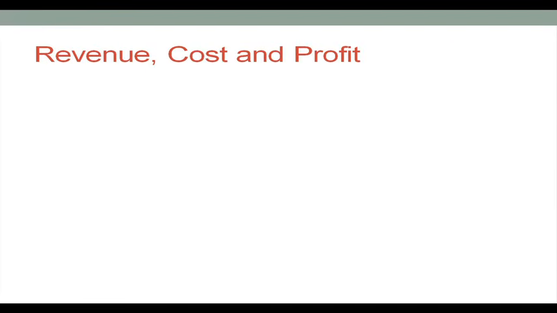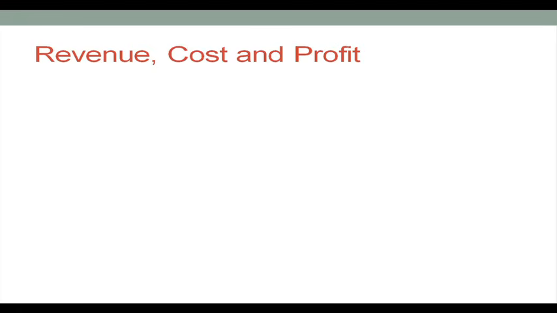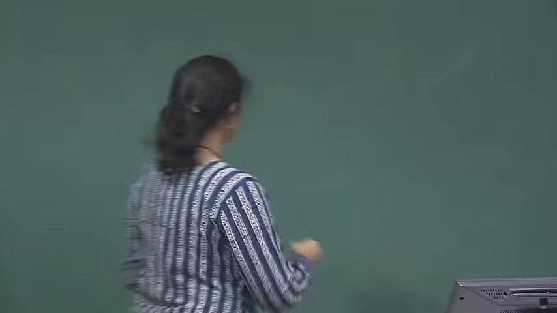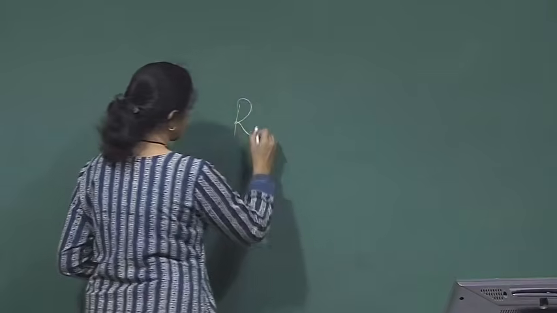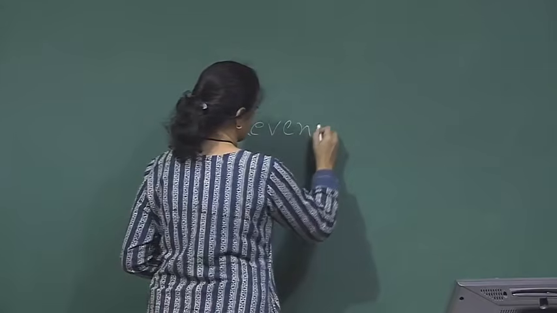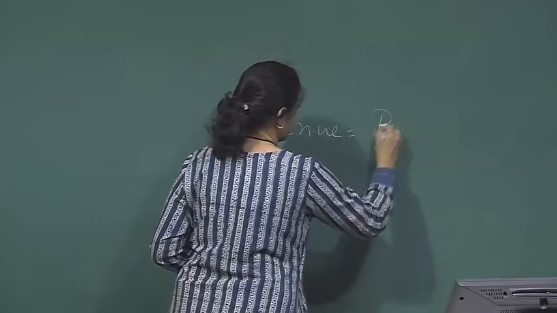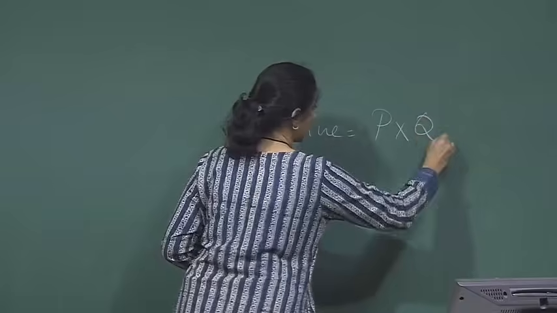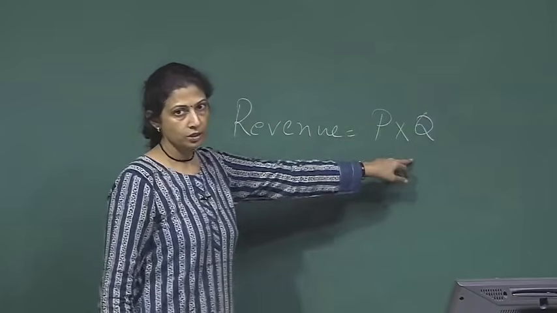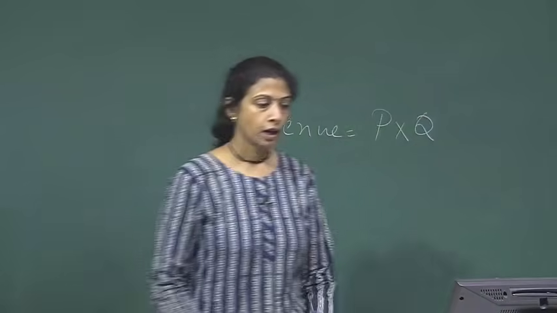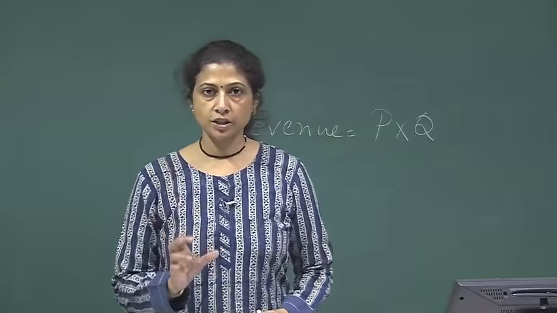So let's define revenue, cost and profit. Revenue, everyone knows, is basically price multiplied by the number of units we are able to sell. So revenue is basically price multiplied by Q, where Q is the number of units of output and the price is what it fetches in the market.